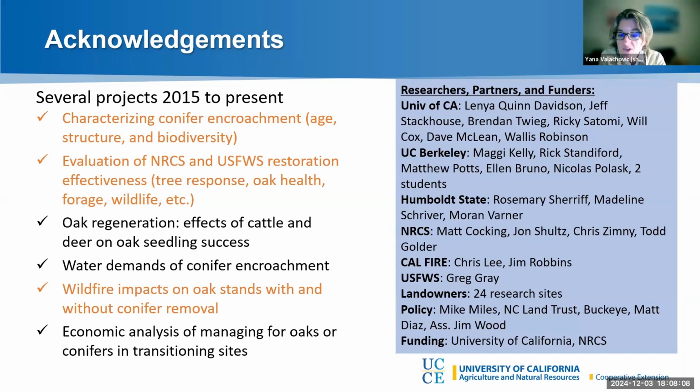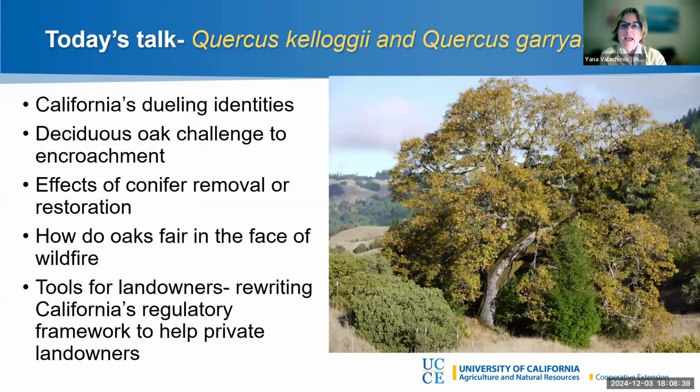Wildfire burned through a number of our stands, so I'll end tonight's talk later in the evening on the impact of wildfire on stands that have had conifer removal. We've got a final project in our suite that's looking at the economic analysis of managing for oaks and conifers in transitioning sites. So there's an arc to our work. I'm going to highlight just a couple of those and really want to acknowledge and appreciate all the folks that have been working with us along the way.